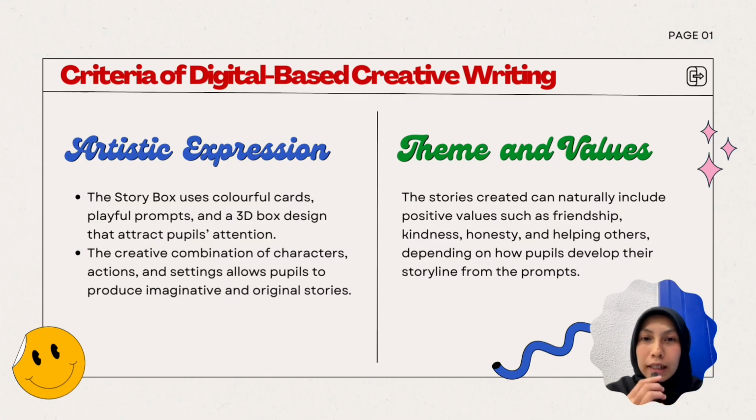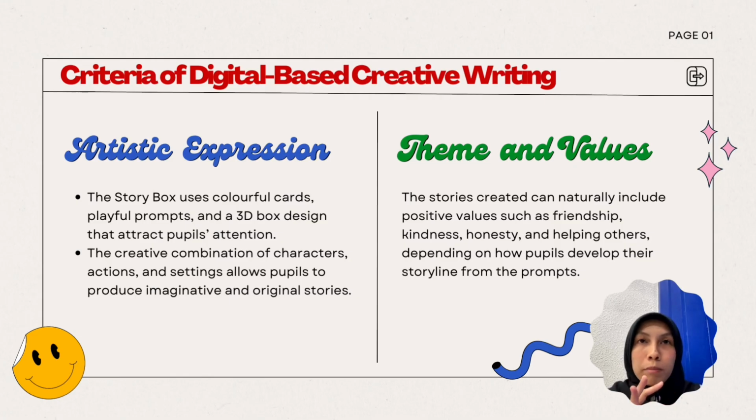The fun part is when they mix different cards together and realize they can create a bunch of funny, silly, or interesting stories. This shows that creativity comes not only from the material itself but also from the stories pupils produce, their imagination and their creativity.